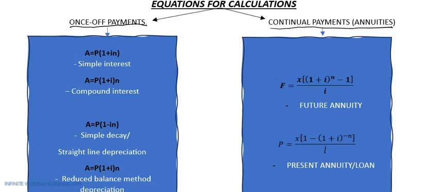In the once-off payments, there are 4 equations. 2 of them are interest equations, where we are dealing with increasing in value. And the other 2 are equations where we are dealing with decay or depreciation, where something is depreciating in value.